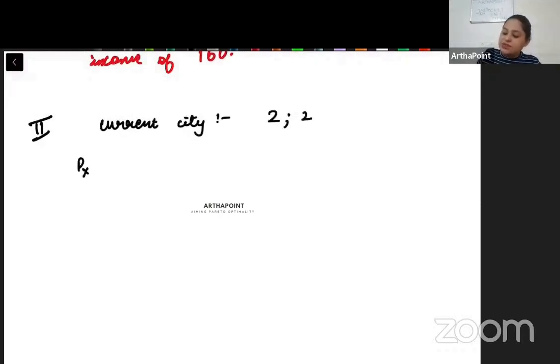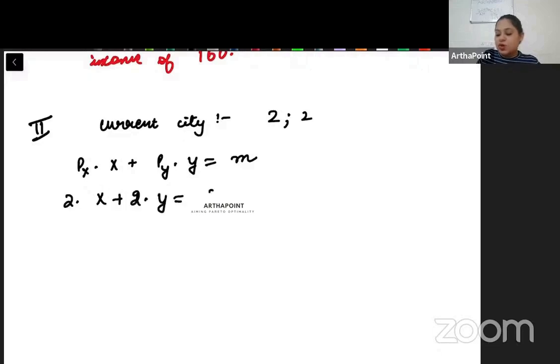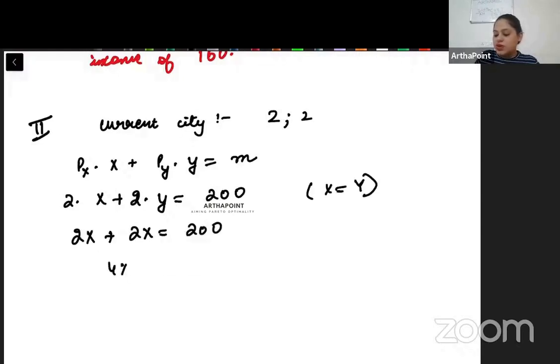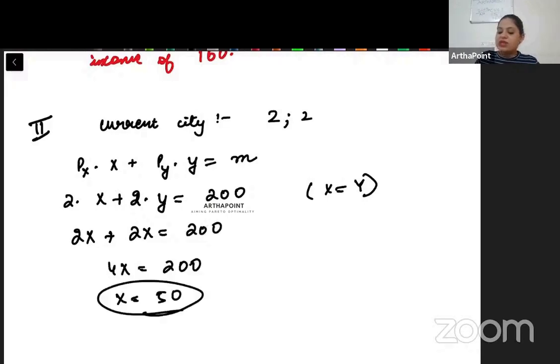His budget line is Px into X plus Py into Y is equal to M. Px is 2 into X plus Py is 2 into Y. Income is 200. X and Y are equal. So 2X plus 2X is 200. So 4X is 200. So X will be 50.